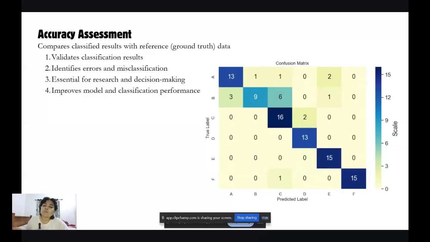We also learned how both of them merge together to form a hybrid kind of methodology that helps you in classifying these pixels that make up a satellite image.